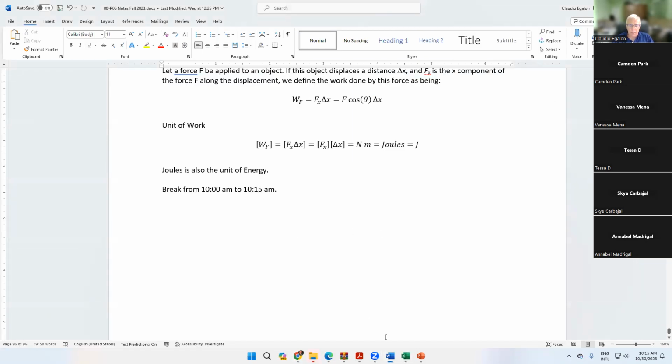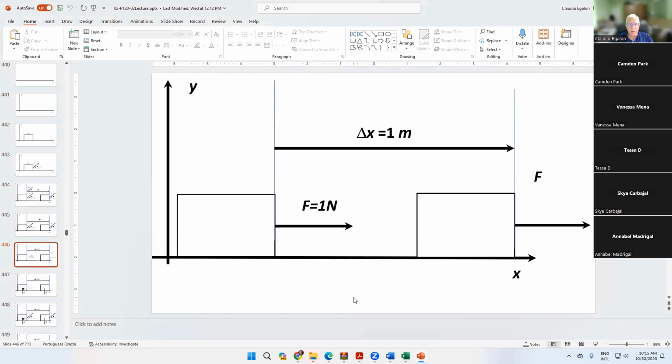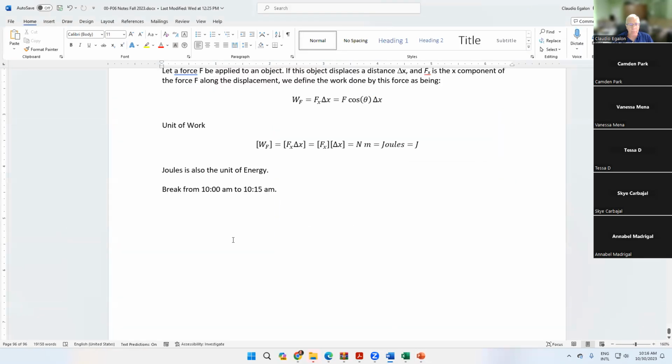Okay, so let's go ahead and do some examples now of this concept. Example one: a force of 1 Newton along the horizontal direction, that's instead of horizontal, along the x direction.